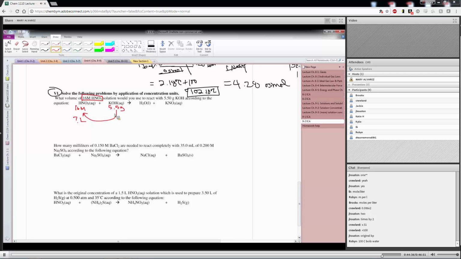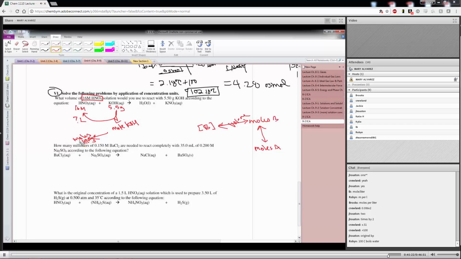Okay, so this is your conversions roadmap with this added part where you can convert between moles of A and moles of B, for instance.